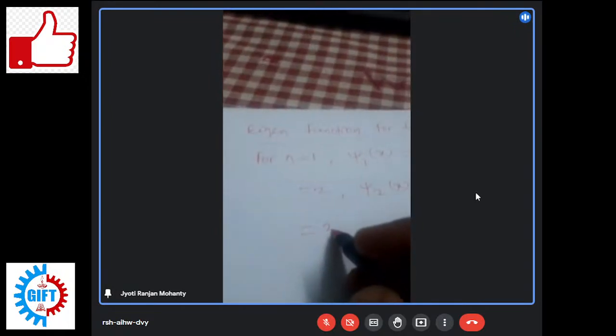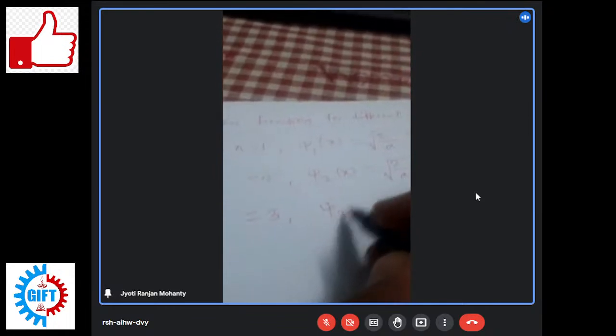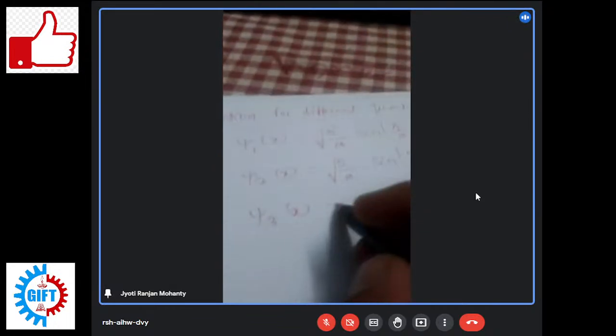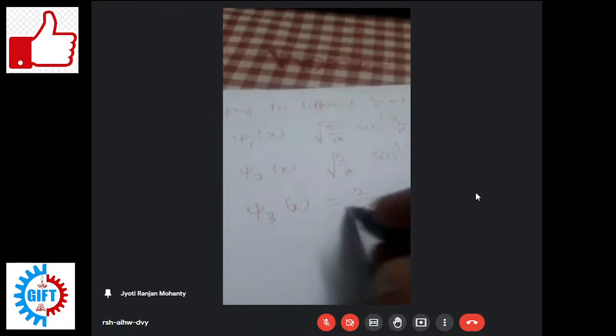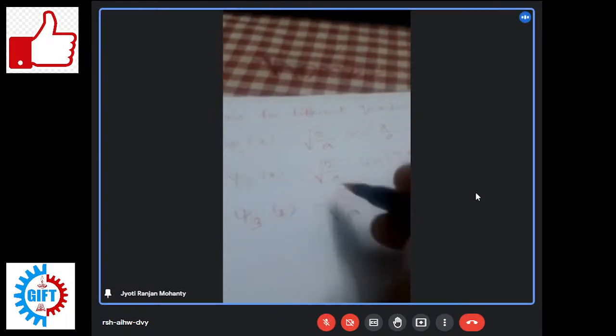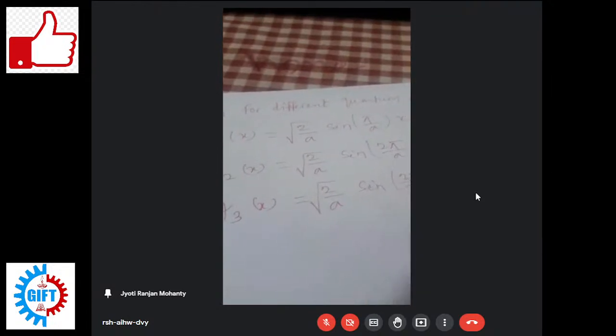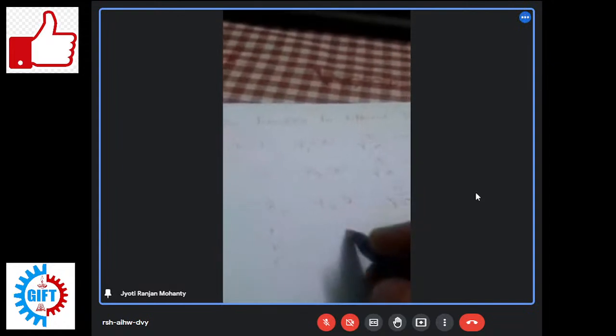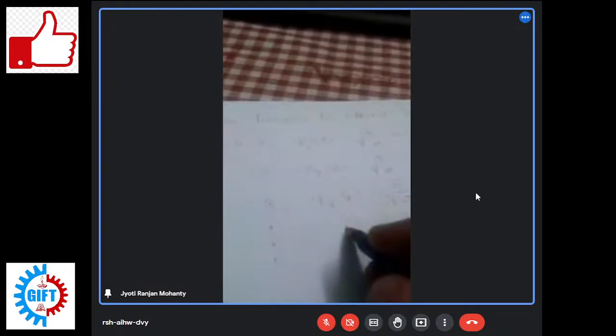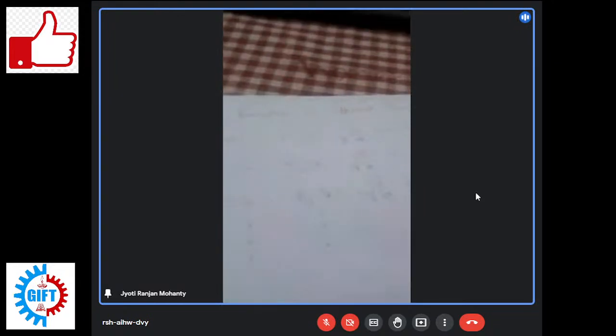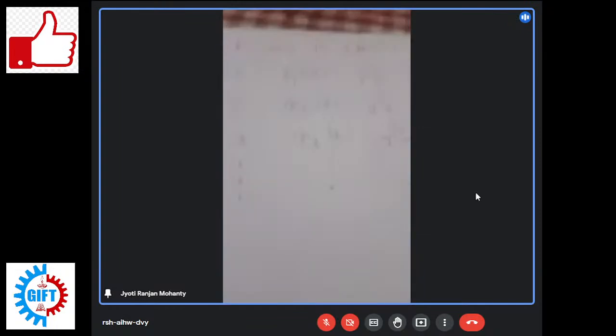For n is equal to 3, psi 3 x is equal to under root 2 by a sin 3 pi by a into x. So these are different eigenfunctions for different quantum states. Psi 1, psi 2, psi 3 are the different eigenfunctions.